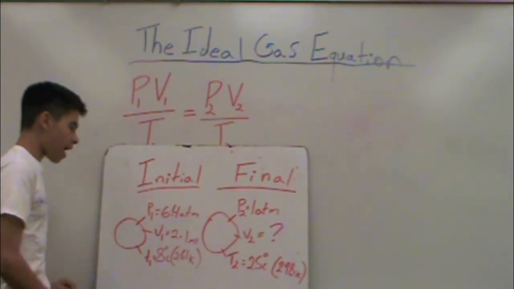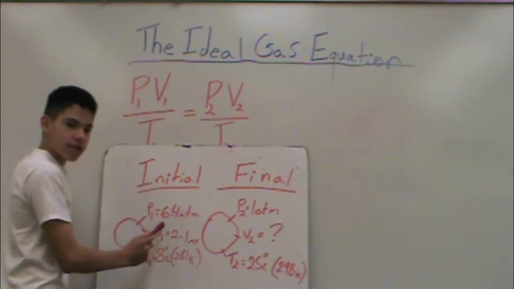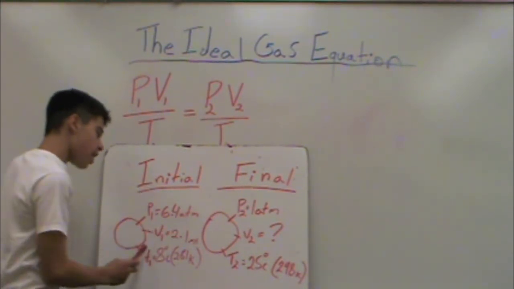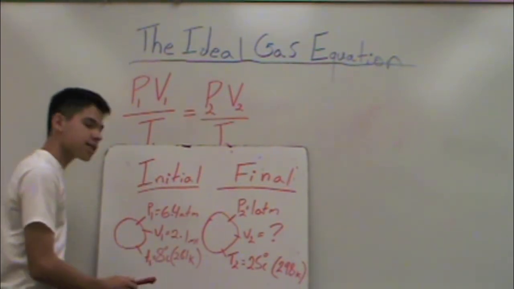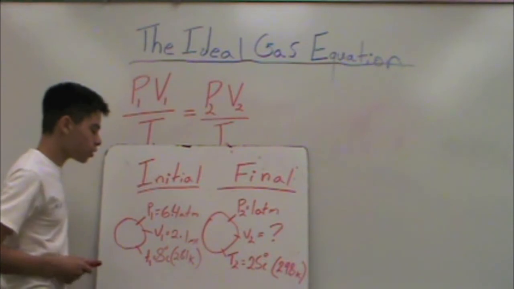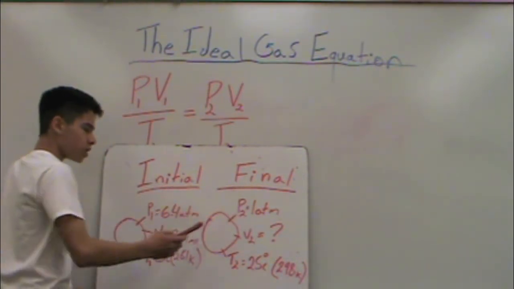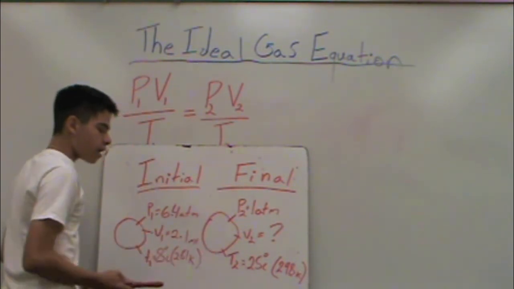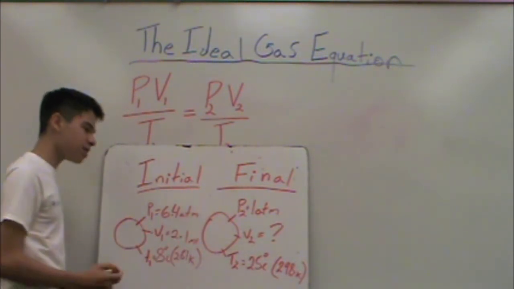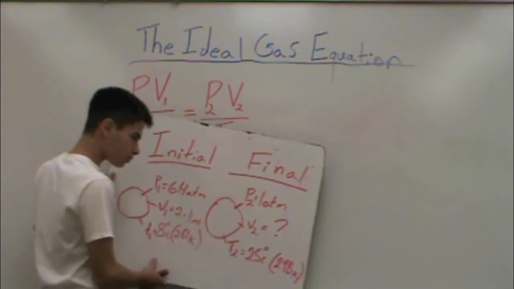So, we have our initial bubble, where the pressure is 6.4 atmospheres, the volume is 2.1 milliliters, and the temperature is 8 degrees Celsius, which is equal to 281 Kelvin. And then we have our final bubble, which is going to have a pressure of 1 atm, an unknown volume, and a temperature of 25 degrees Celsius, which is 298 Kelvin.